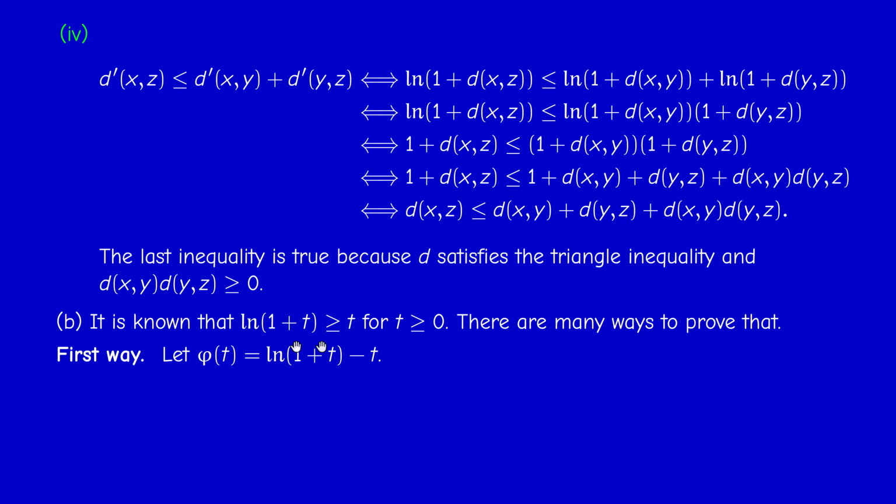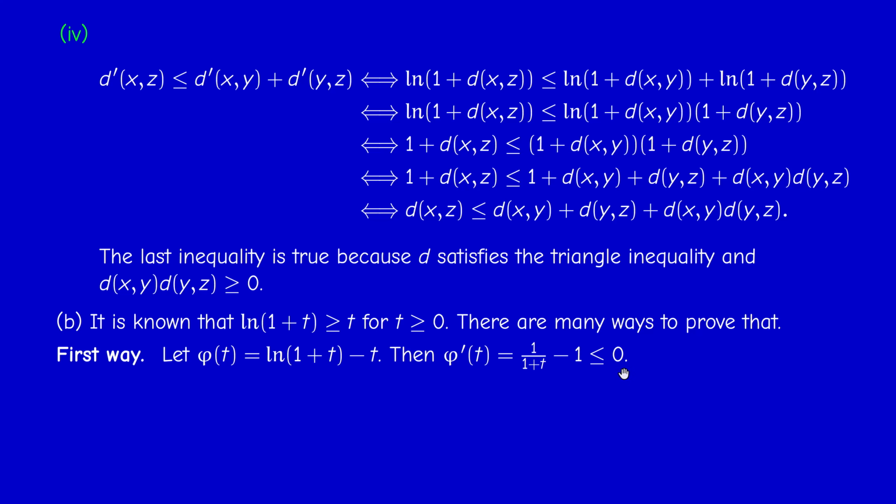First proof, consider the difference phi(t) between ln(1 + t) and t. So this is a differentiable function. When you take the derivative, you get 1/(1 + t) minus 1. And 1/(1 + t) is less or equal than 1 because you are dividing by something bigger. Since t is positive, then 1/(1 + t) is less or equal than 1. So the derivative is less or equal than 0.